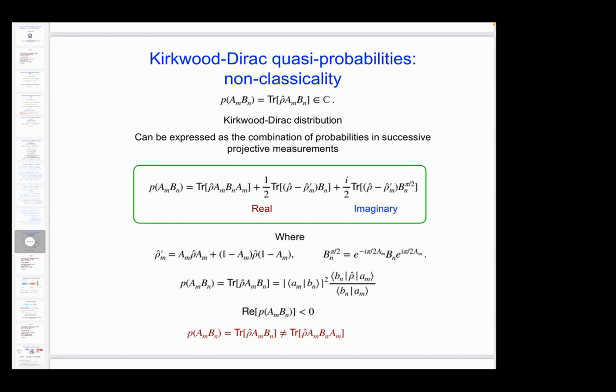So far, if you have any question, please ask me, because all these are prerequisites needed for the last part of my talk. I will use this Kirkwood-Dirac quasi-probability distribution in the further slides. These are all notations and representations, nothing more than this. If there is no question, I am getting into the next part of my talk.